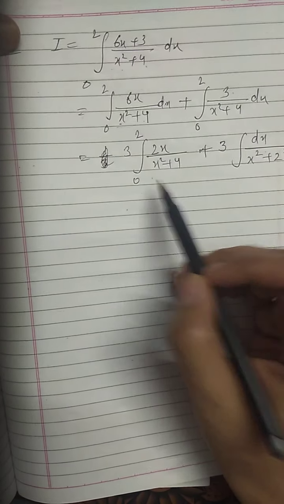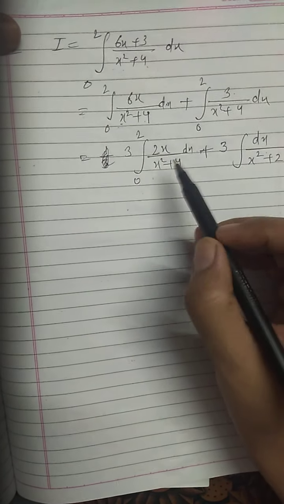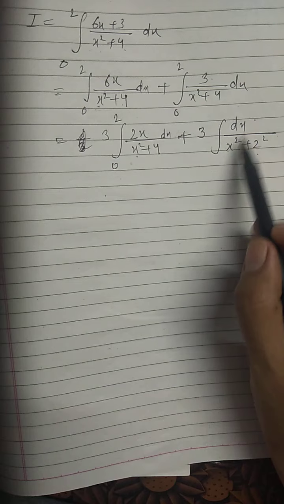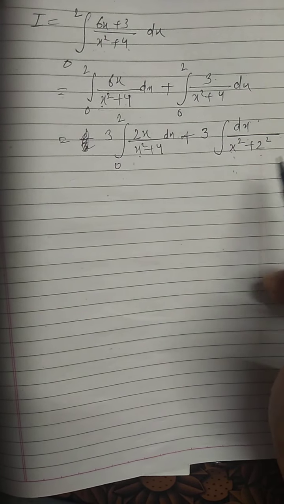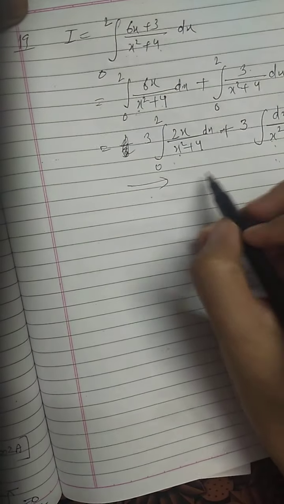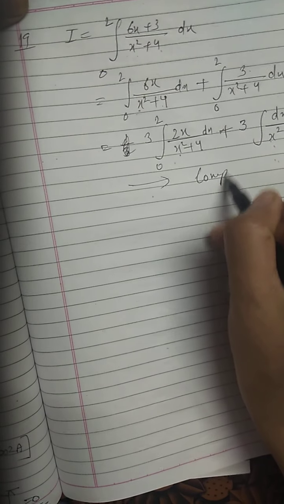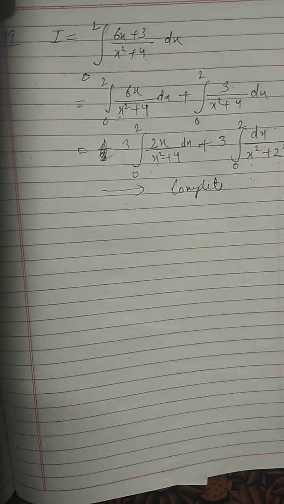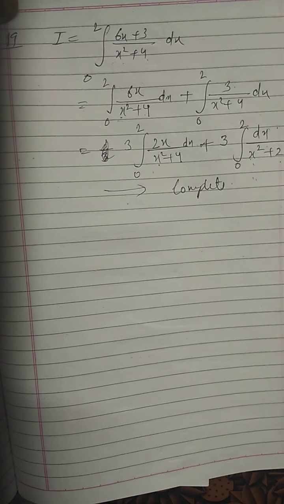Now this is derivative upon function, so it will be log of x square plus 4, and here dx upon x square plus a square, once again 1 by a tan inverse x by a. So the same formula you will apply and you will be able to do the integration. The limits will be 0 to 2 in both the integrals.